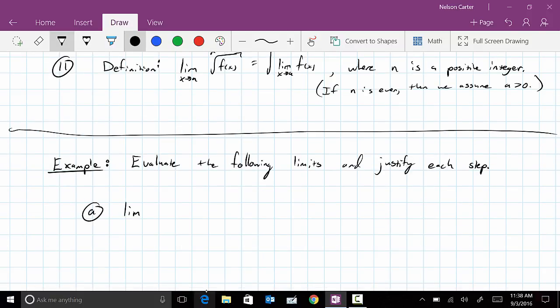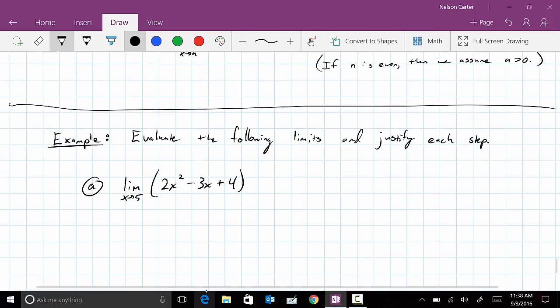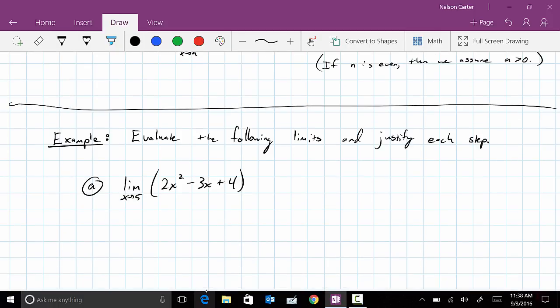We want to figure out what's the limit as x approaches 5 of 2x squared minus 3x plus 4. Okay, so that's what we want to do. Well, the first thing is we can use the difference law and the sum law, so we can make this the limit as x approaches 5 of 2x squared minus the limit as x approaches 5 of 3x plus the limit as x approaches 5 of 4.